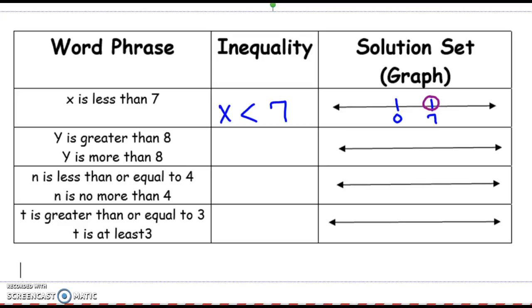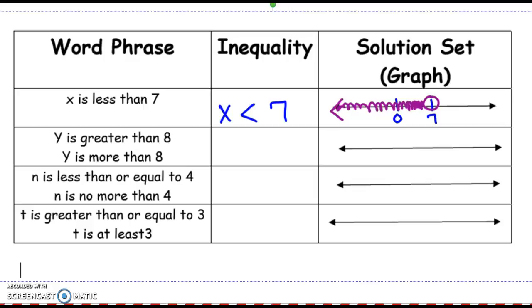I'm not going to shade it because that's saying, okay, starting at 7 but not including 7, all these numbers that I'm shading are less than 7. So basically 6.9999999 forever and ever, but not 7. And then everything down into the negatives.